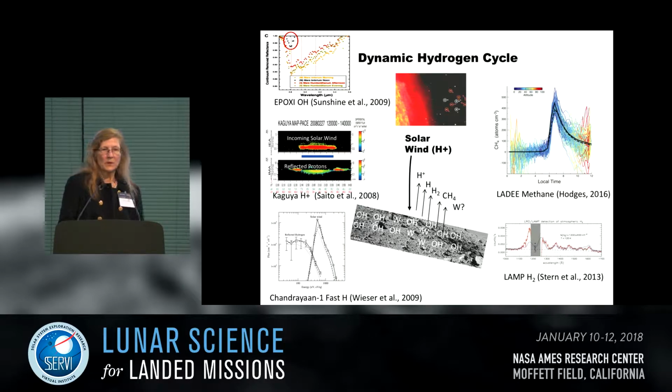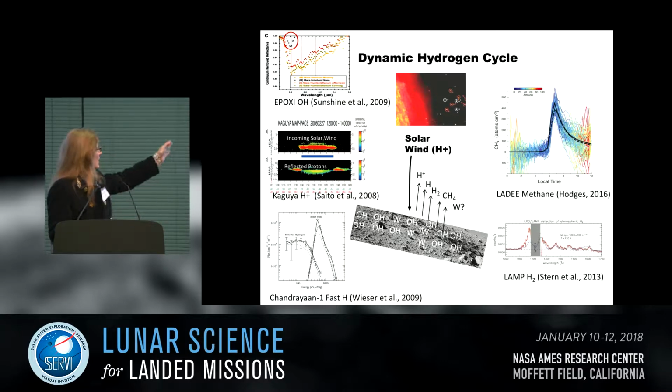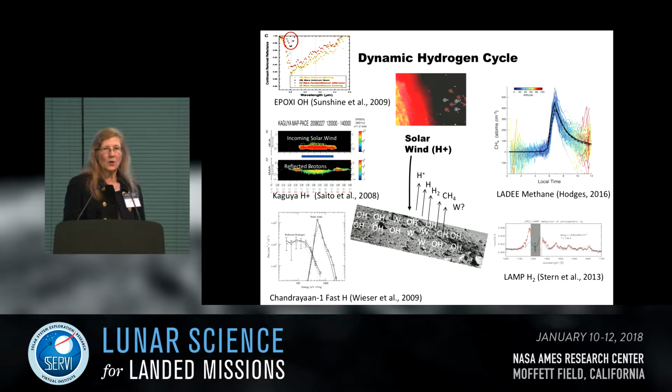We have from Kaguya reflected protons. The red outside of the reflected protons is actually solar wind. It's not, but you see the reflected protons in a slightly lower energy band than the incoming, obviously.